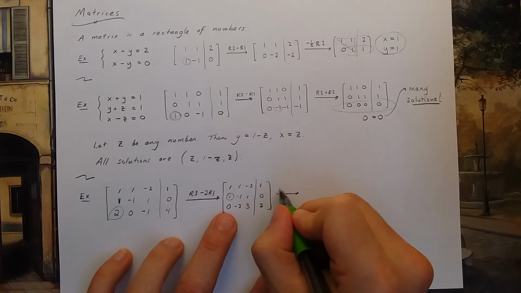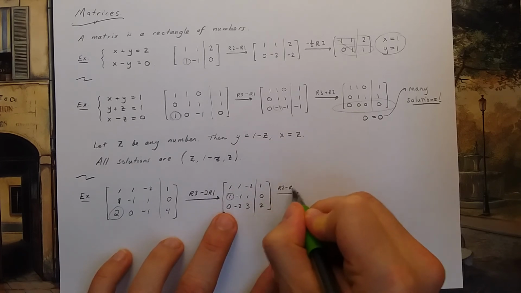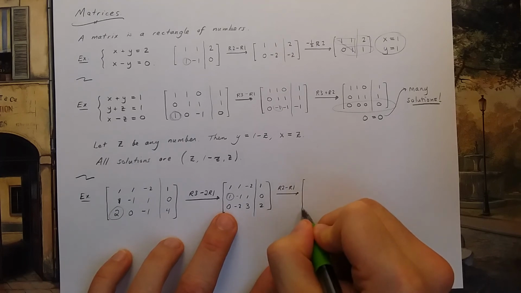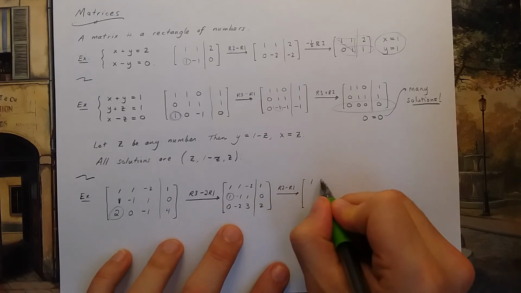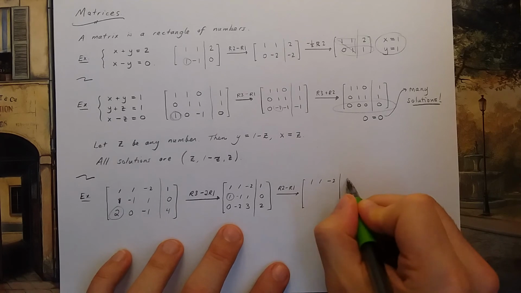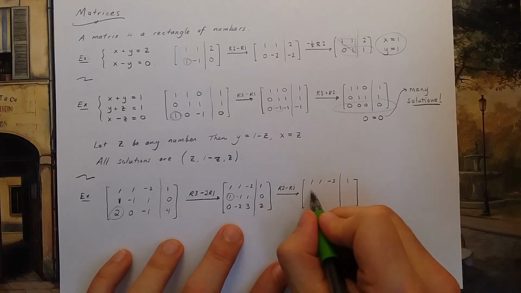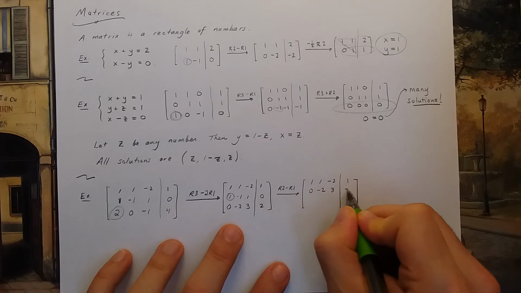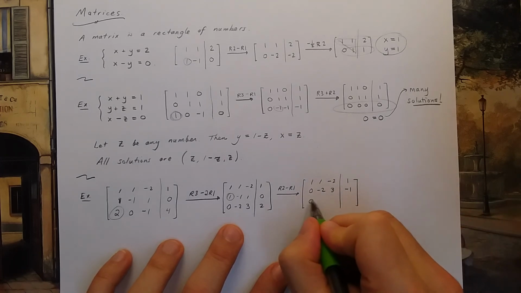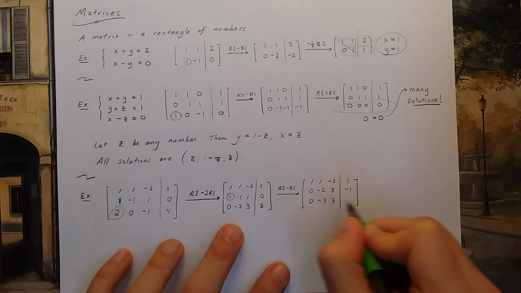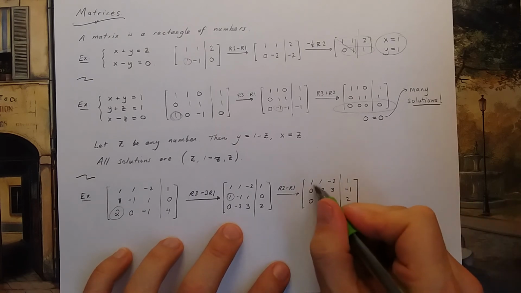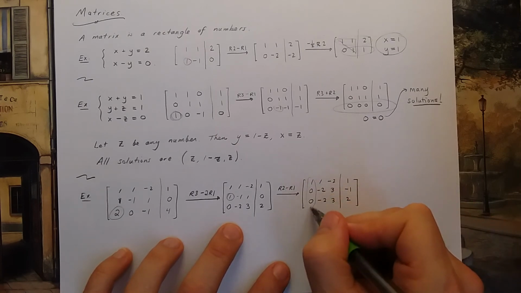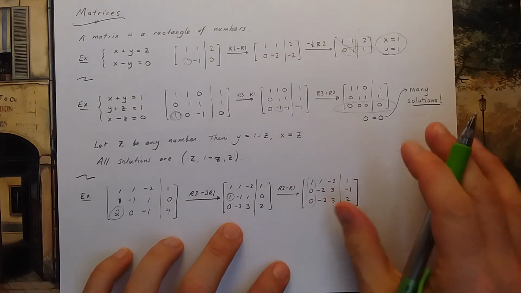The row operation that does that is row 2 minus row 1. If I employ that row operation, the first row stays the same. The second row becomes 0, negative 2, 3, negative 1, and then I think I have 0, negative 2, 3, 2. So I've successfully put a 1 and then zeros underneath that 1 in the first column.